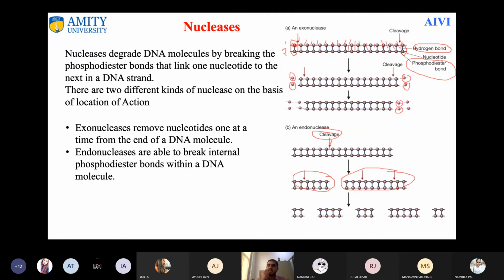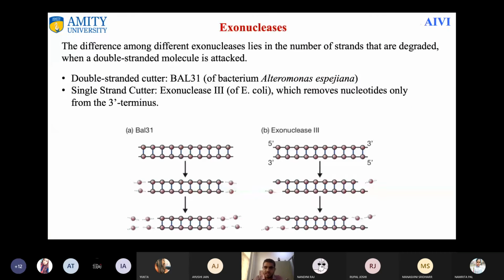Now coming to the details about the exonuclease. What types of exonuclease are there? Here also you can classify them further. You all know that DNA has two strands. One strand runs from 5' to 3'. The second also runs 5' to 3', but in the reverse direction.